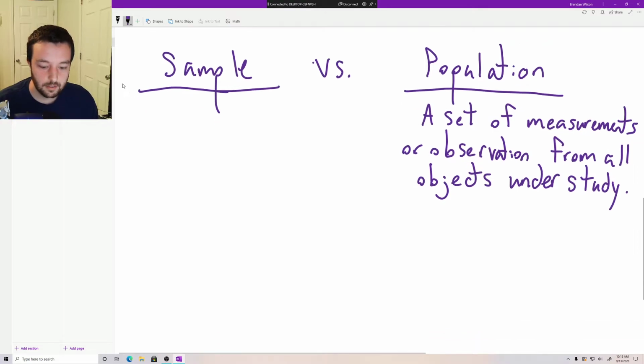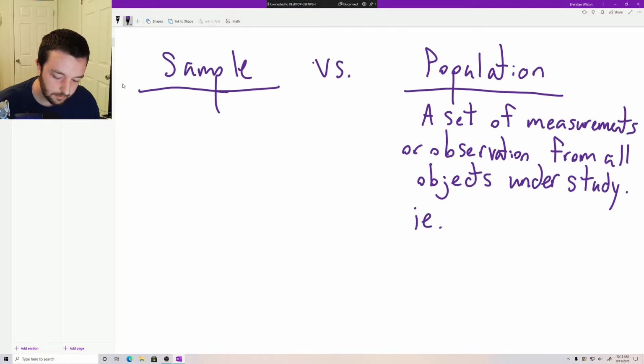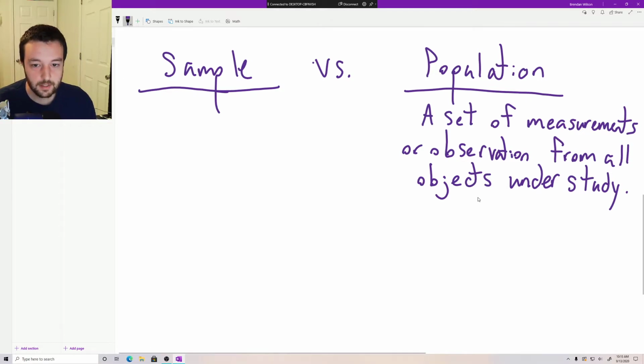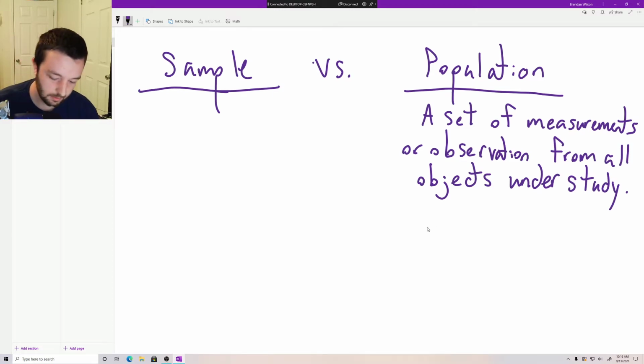Okay. In other words, well, here, let's just talk about it before I try to reword it. So what do we mean by this? A set of measurements or observations from all objects under study.